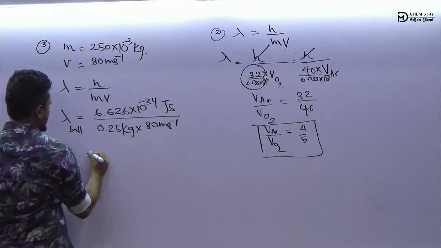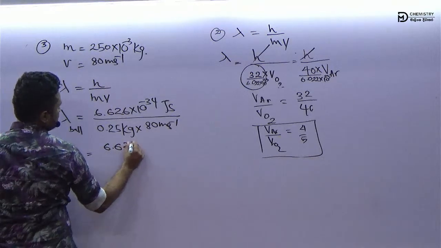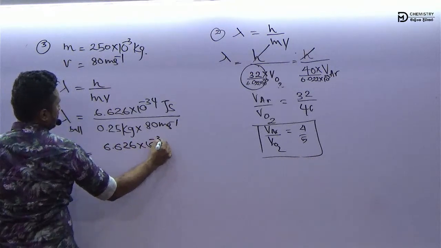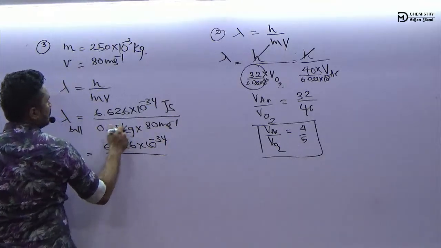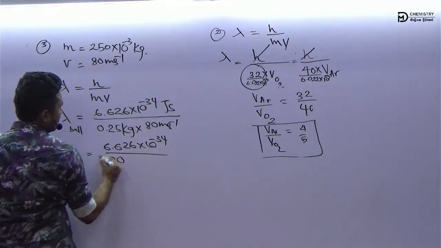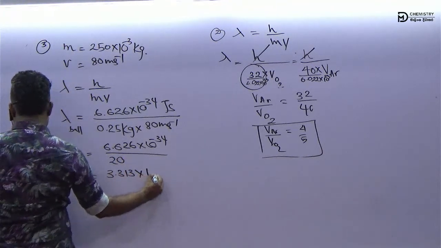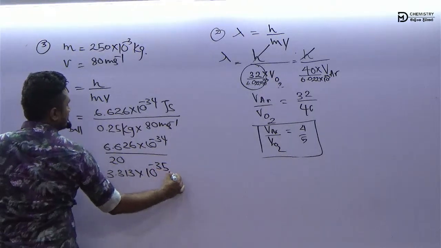Actually, it is not necessary to use the log book for this simplification, because we know, guys, 0.25 multiplied by 80 will give 20 for the answer. So 3.313 into 10 to the power minus 35 meter is the answer.